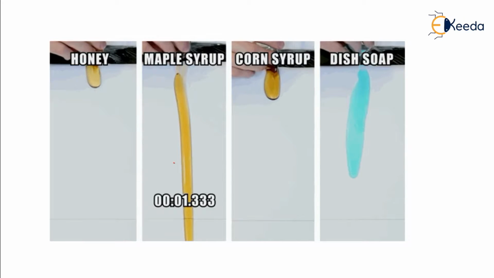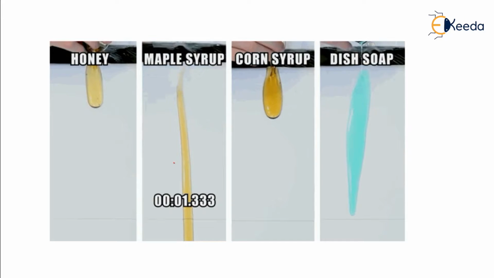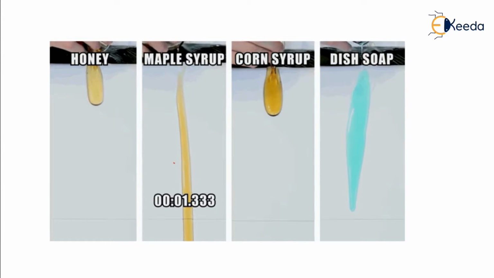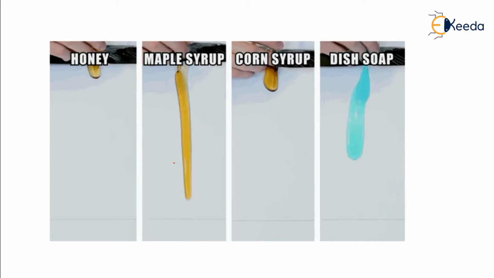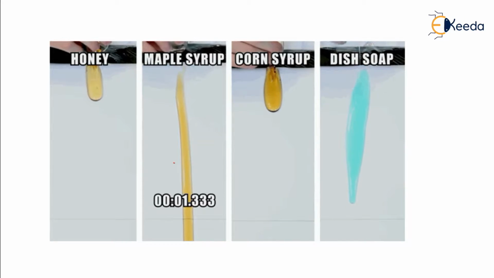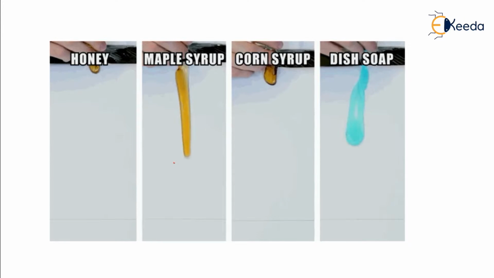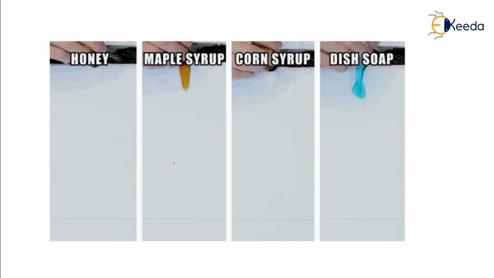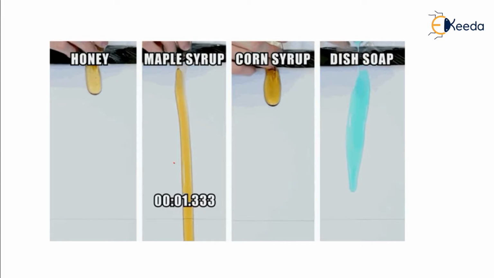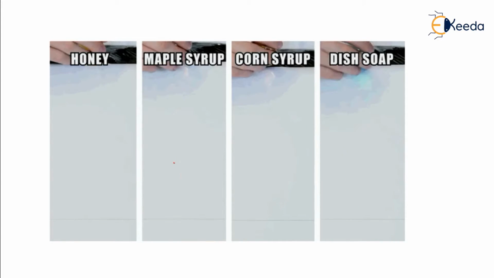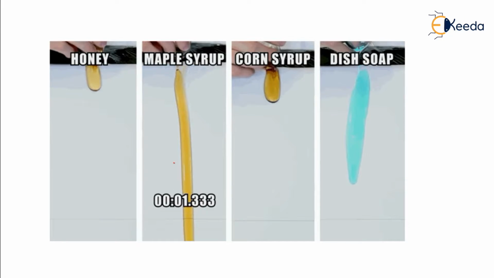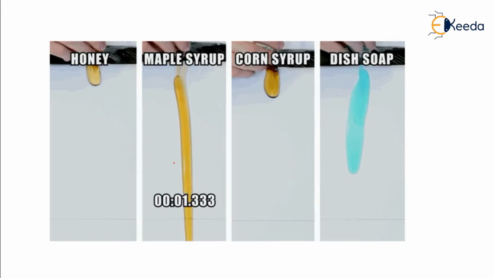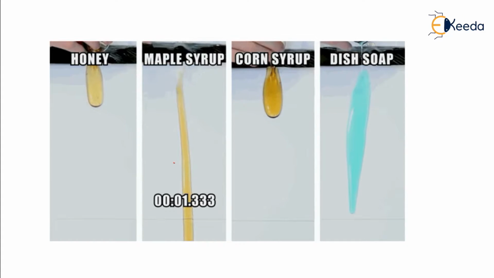So before we start, let me ask you a few questions about this experiment. As you can see, there are four different fluids: honey, maple syrup, corn syrup, and this soap. They were simultaneously dropped from the same height, and we can see easily that maple syrup is the liquid which will first reach the bottom, while other fluids are taking much more time.